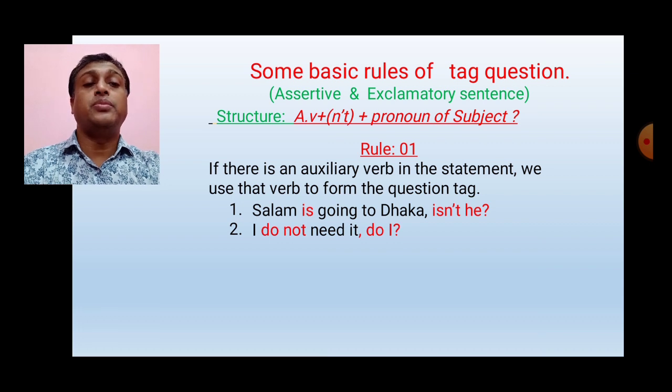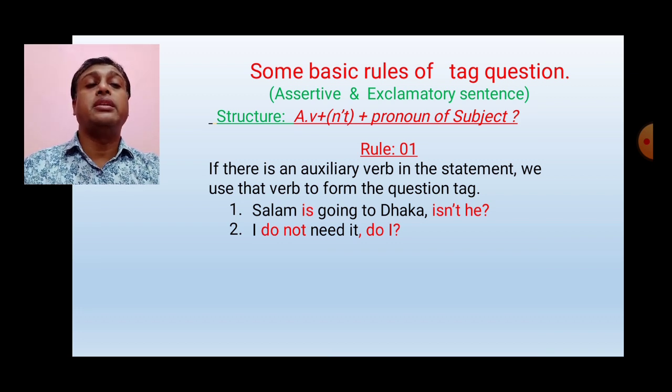Look at this example. I do not need it. This is also an assertive sentence because this sentence has started with the subject. Here I is the subject and do is the auxiliary verb.